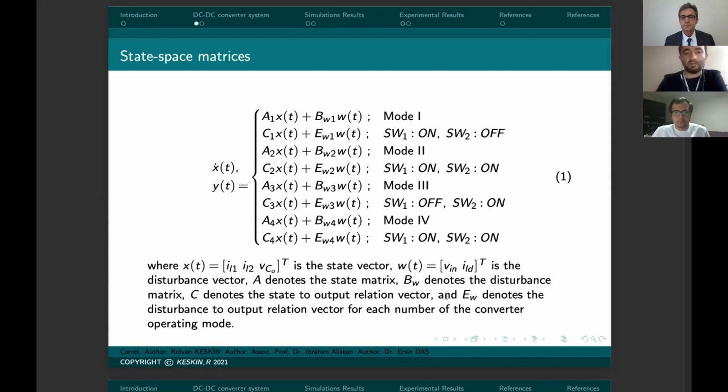A matrix is the state matrix of the system. B matrix is the disturbance matrix of the converter. C denotes the state-to-output relation vectors, and E denotes the disturbance-to-output relation vector for each of the converter operating modes.